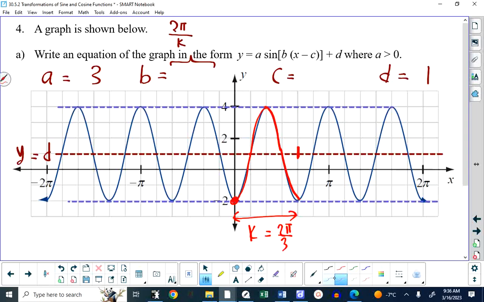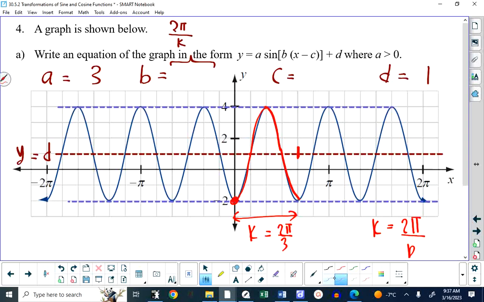I'm just curious. How many of you see that B must be 3? So you don't always need to use an equation. What you could do is say, well, the period is 2 pi over B. But the period's 2 pi over 3. How on earth can you get 2 pi over 3 if it's 2 pi over B? It's if B is 3.